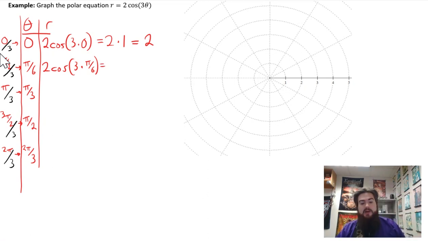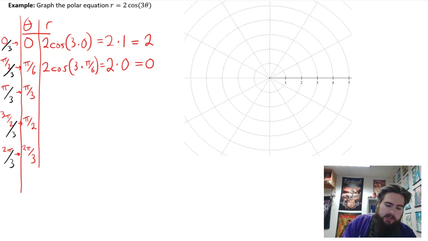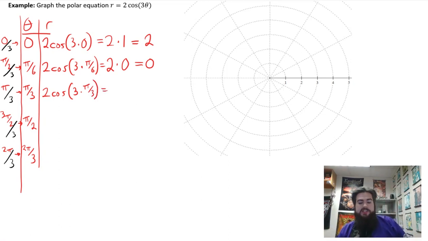Well, 3 times pi over 6 gets back to pi over 2, and cosine of pi over 2 is pretty nice. That's just 0, giving me an overall value of 0. If I plug in pi over 3, 2 cosine of 3 times pi over 3. Well, 3 times pi over 3 is just pi, and cosine of pi is -1. 2 times -1 will give me -2.